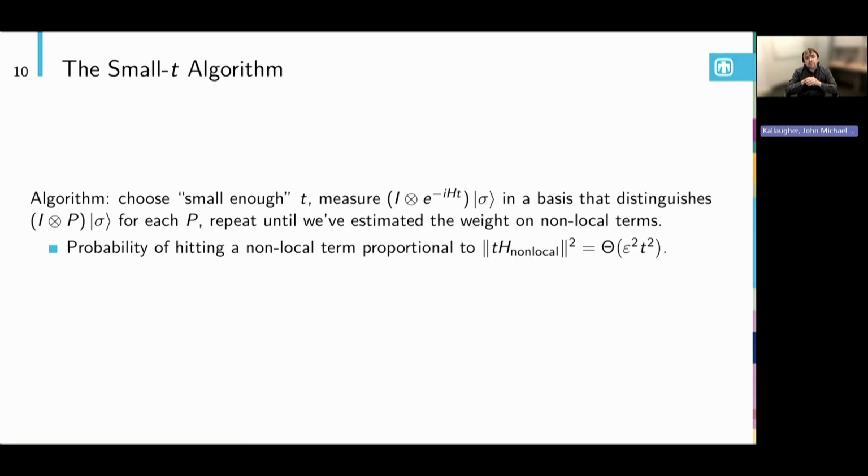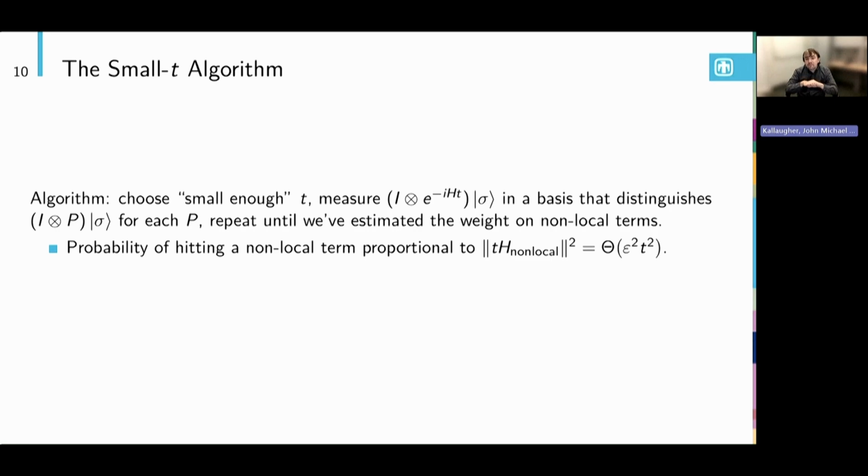Now, your probability of hitting a non-local term is going to be proportional to t times that non-local part of H, all squared, just because quantum measurement probabilities are given by squared amplitudes.